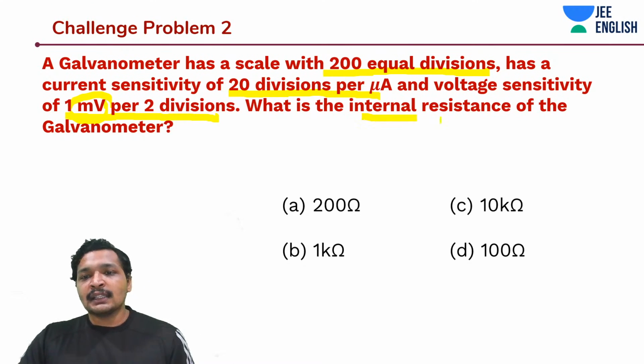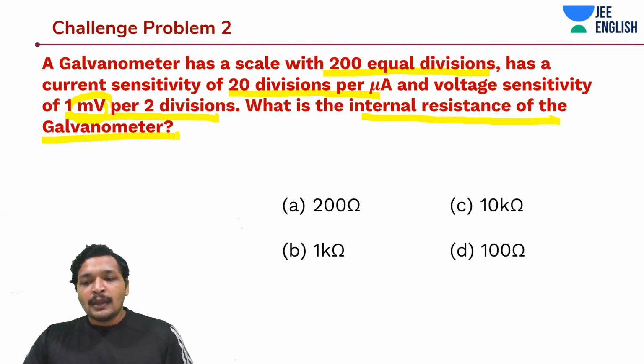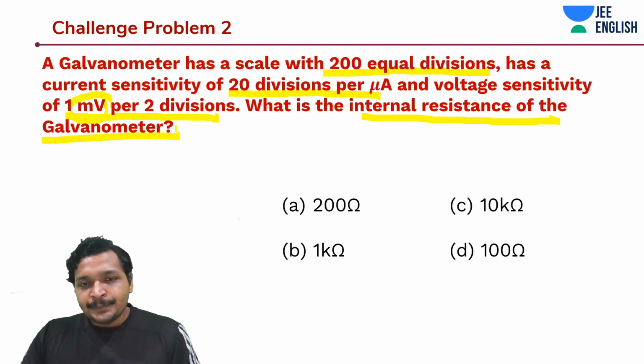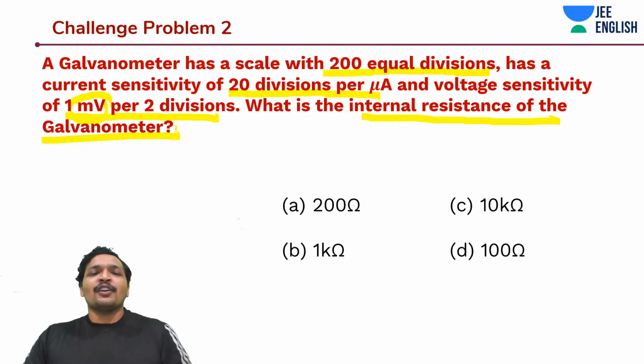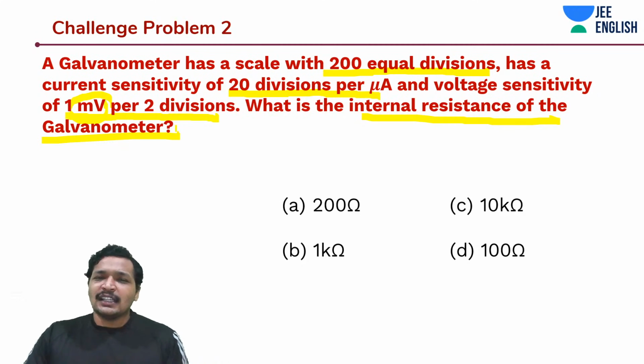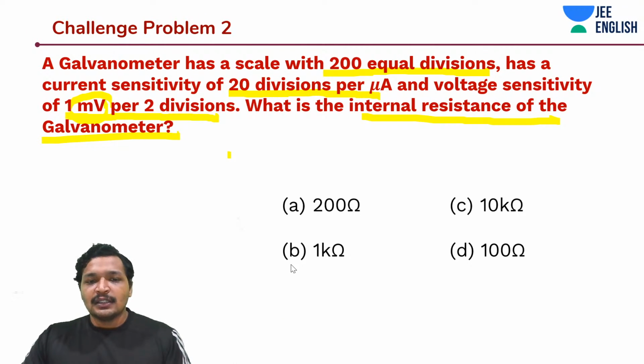What is the internal resistance of the galvanometer? What should be the answer? It's like all those problems that you used to do in 4th, 5th, 6th class. That is all you have to think about. Basic things that you need to think to work around these kinds of problems.